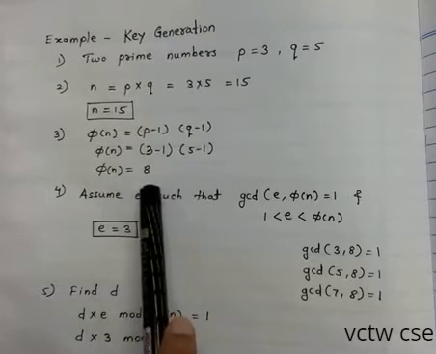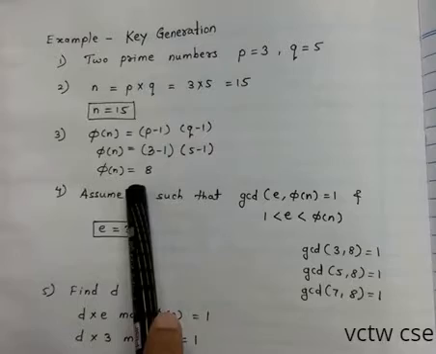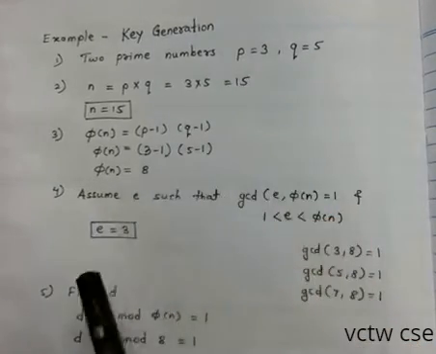So in this way we have calculated the value of n and the value of phi of n by considering the two prime numbers.